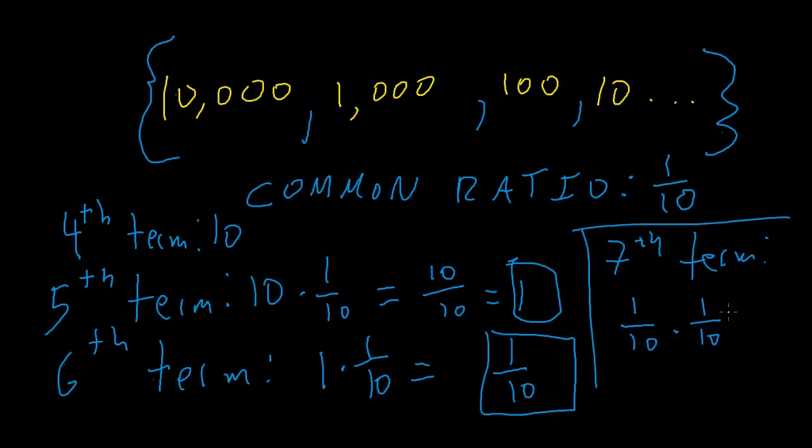Well, we know how to multiply fractions. 1 times 1 is 1, 10 times 10 is 100. So our seventh term would be 1 over 100. So geometric sequences can definitely decrease also if your common ratio is less than 1, because if you're multiplying by a number less than 1, you are decreasing the value of the number you started with.